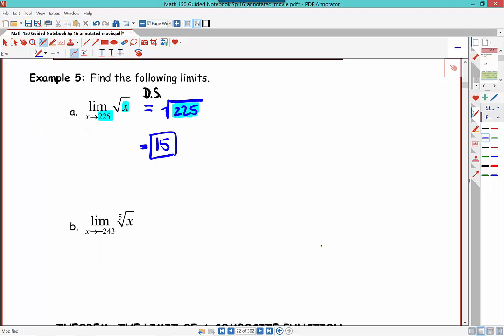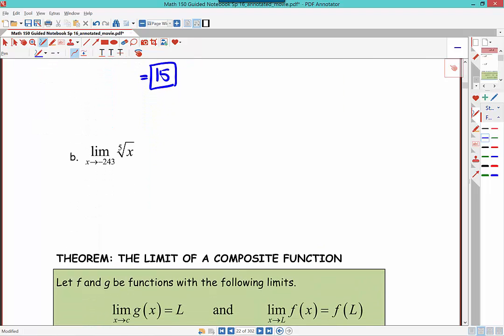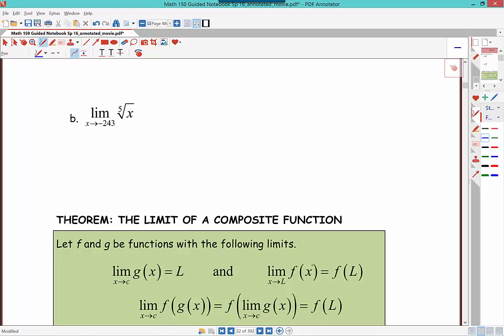Okay, you guys try this next one. Okay, so again, using direct substitution, we get the fifth root of negative 243, right? So the index on that is 5. This is how we matched it up.